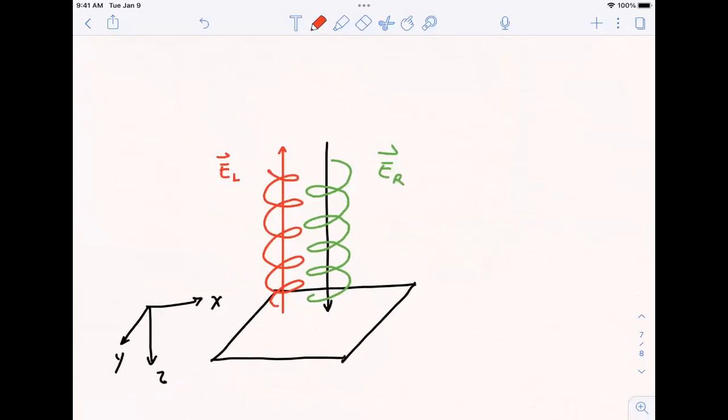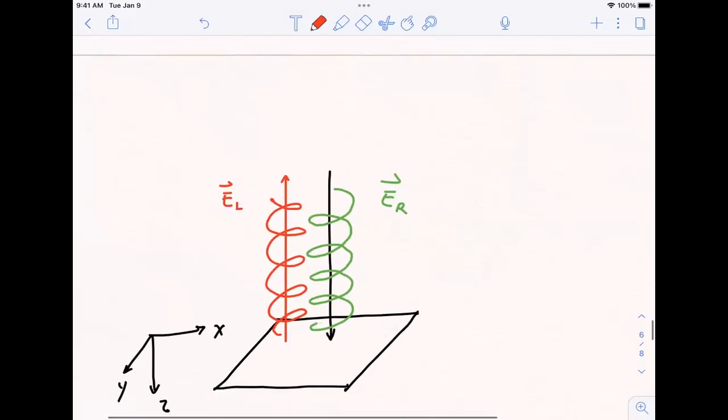So this is helicity dependent. You have left and right-handed light, and the Raman can flip the helicity of the light.